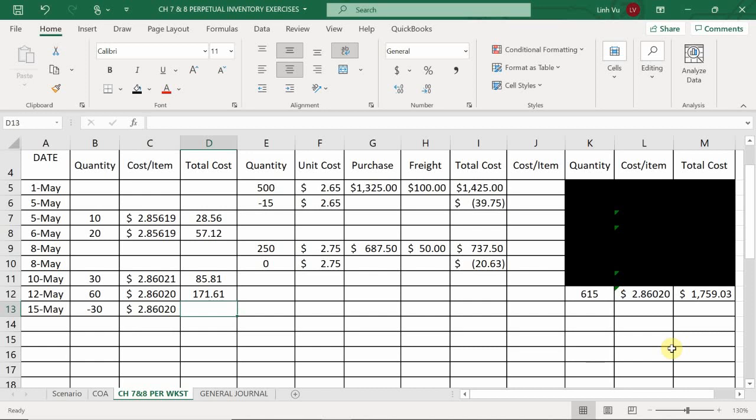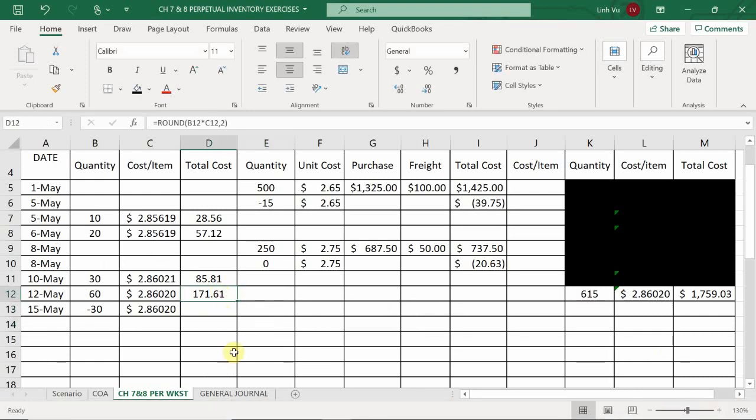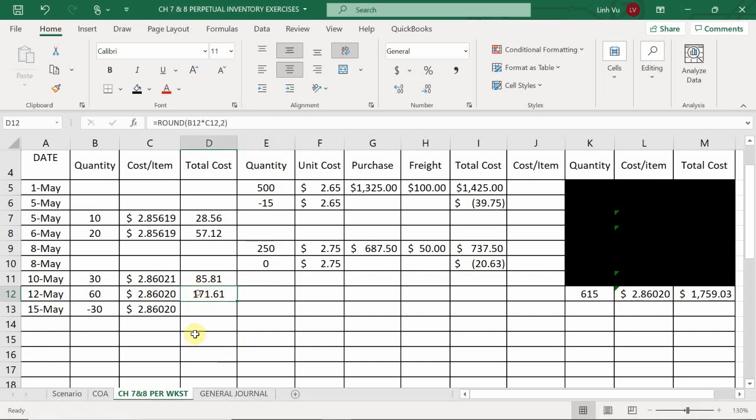So in this case, how much am I actually going to reverse the cost of goods sold for? $85.81.